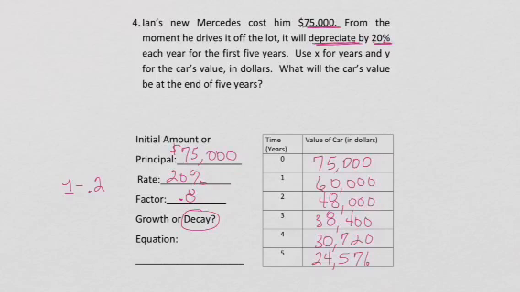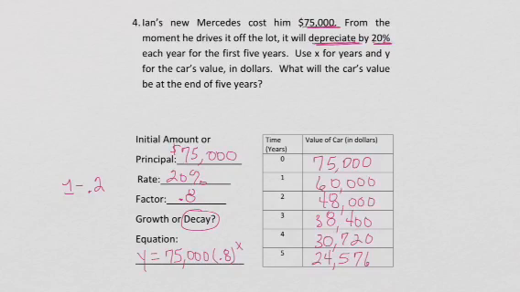Now we got those values by our equation y equals our initial amount, which was $75,000, times our factor, which is 0.8, raised to the power of x.